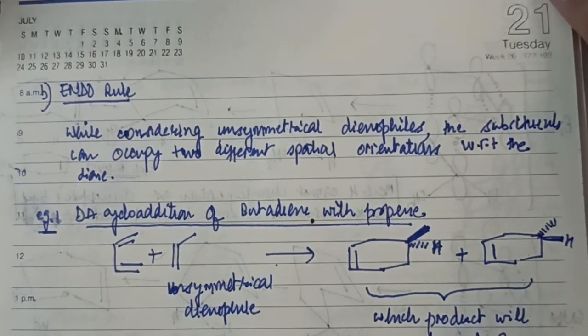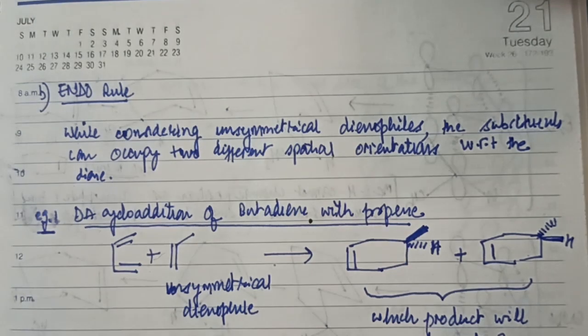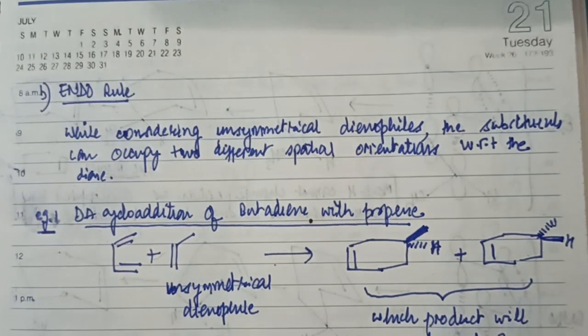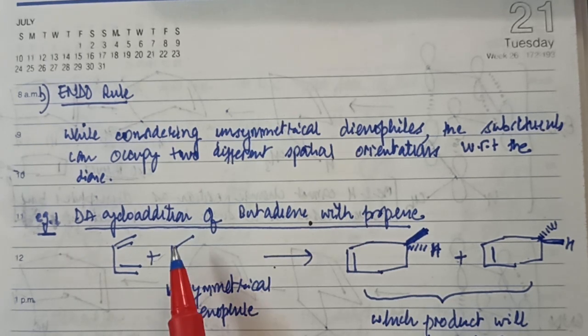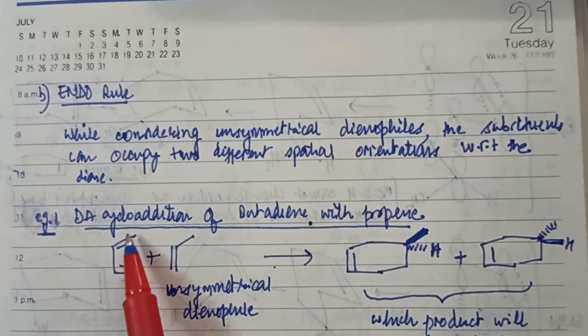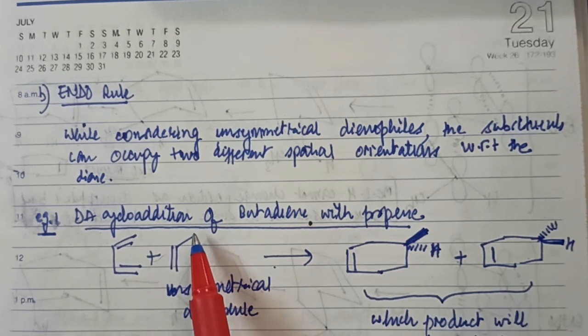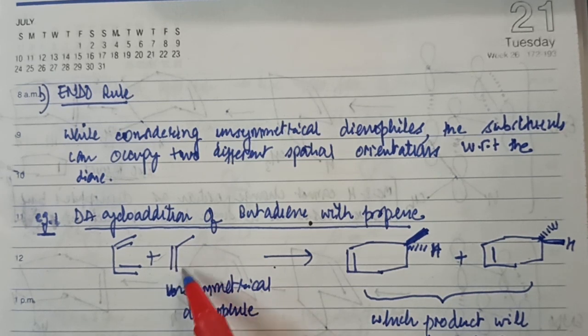Let's say I'm considering the Diels-Alder cycloaddition reaction between butadiene and, as the second component, a propene molecule. This is a simple butadiene, and this is propene, CH2, CH, CH3. In this propene molecule, this is still a 2-pi component.